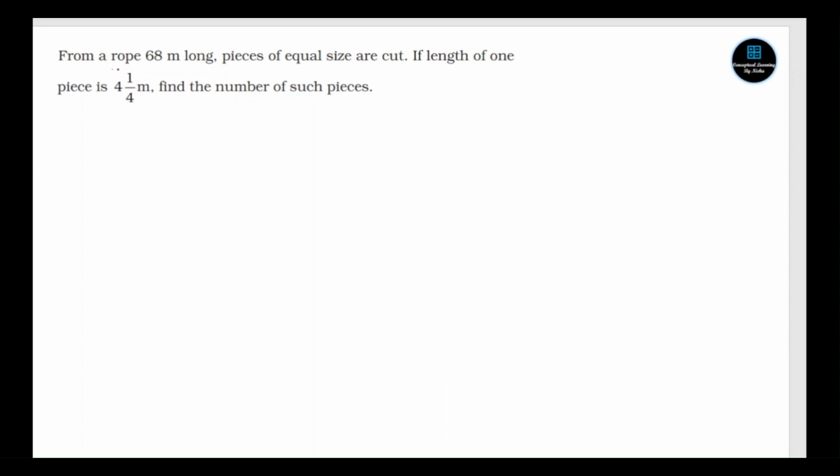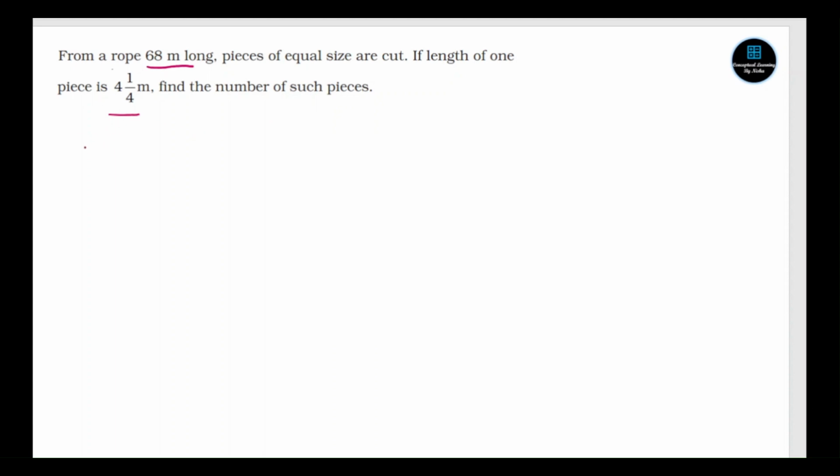Okay. From a rope of 68 meter long, pieces of equal size are cut. If the length of one piece is 1.5 meter, find the number of such pieces. So a big rope is divided into small pieces and we have to find the number of pieces. So that's a clear division question, right?